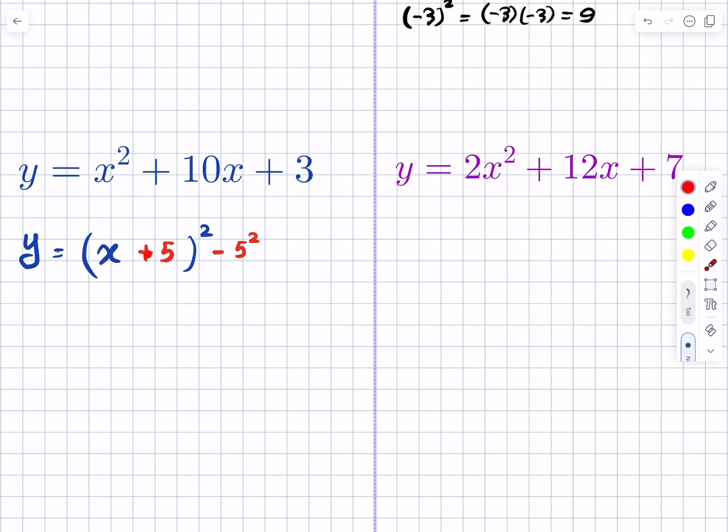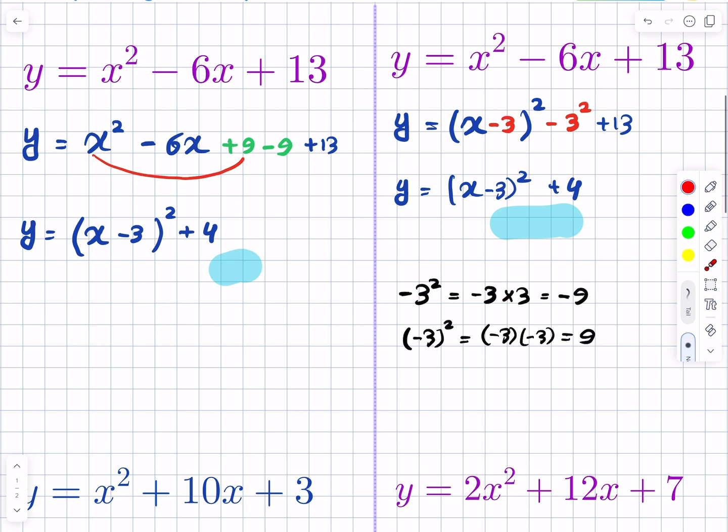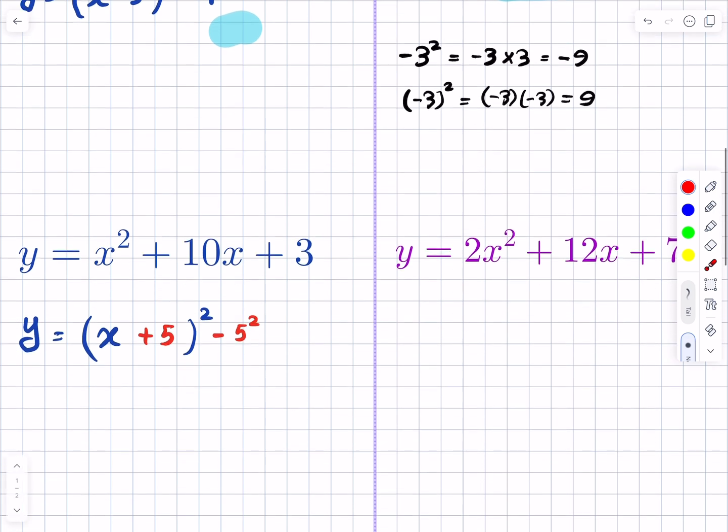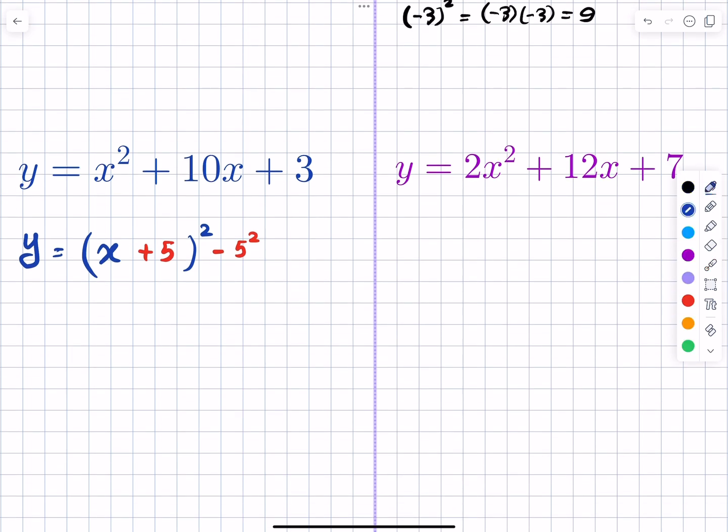So here we have positive and here we have negative. But anyway, the number after the bracket will always be subtracted. So here we have minus. Then after that we have the 3. Then we simplify this, we would have x plus 5 squared. And now, here we have negative 25 plus 3, which is negative 22. So this is the completed square of this quadratic.